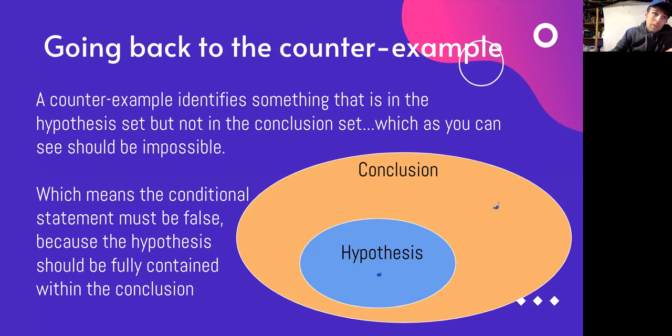A lot of people will come up with something that's true for the conclusion, but false for the hypothesis. This is not a counterexample. You need something in here that's not in the conclusion set, which based on this diagram is impossible. But if the conditional statement is false, then there exists a counterexample somewhere, and we won't need to come up with it.